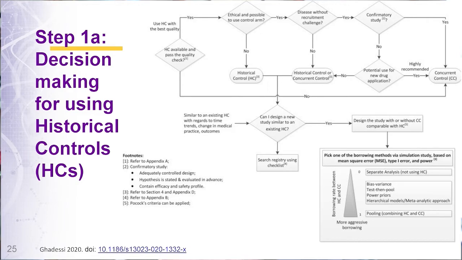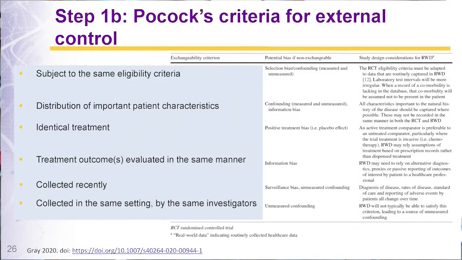I'm sorry, the words may be too small and cannot be read clearly. Once we decide to use the external control, we need to apply some criteria to select it. Here are Pocock's criteria, including 6 items. The first is that subjects meet the same eligibility criteria, trying to reduce the selection bias.